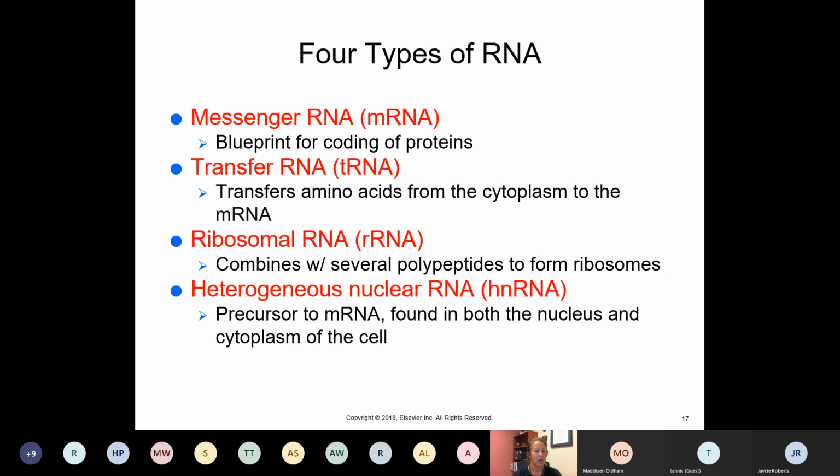And then heterogeneous nuclear RNA is just a precursor to that messenger RNA, and it's found both in the nucleus as well as the cytoplasm of the cell. So anytime you see RNA or ribosomes, think protein, because that's their job.